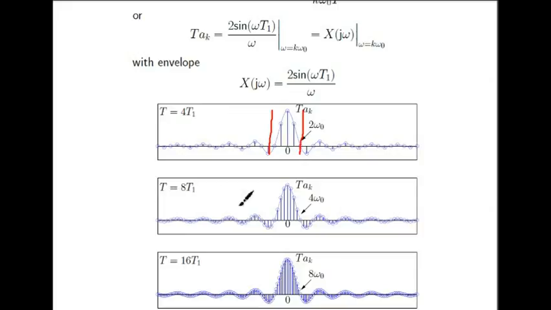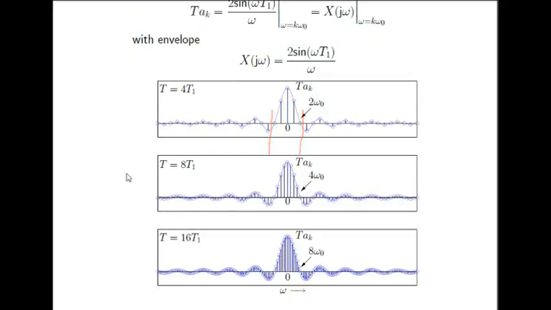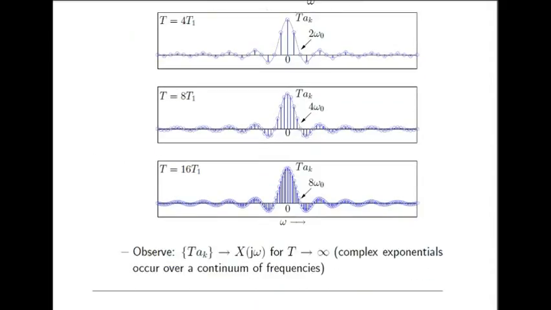For T equal to 8 T1, it has 6 values inside it. And moving forward, you can see that the values inside the envelope increase when I increase the time period. So it shows that T a_k will go to X of j omega as T tends to infinity. So this was what I was trying to tell you.